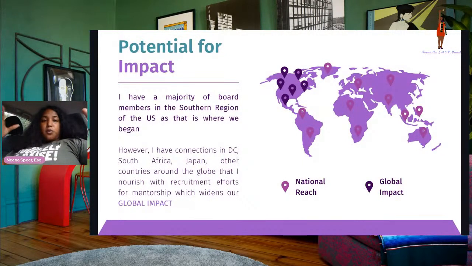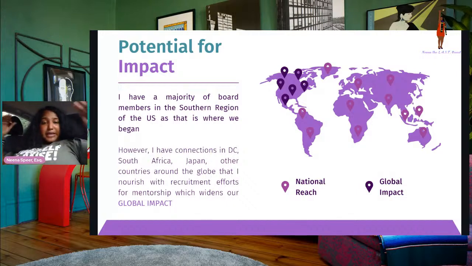Now, most of the people on my board, because I learned that it was good to have a central beginning and a national outreach, are in Alabama, with the exception of one board member that is international in Japan, but they are normally located in California. The goal is to have somebody on the East Coast, the West Coast, North, and South of you.